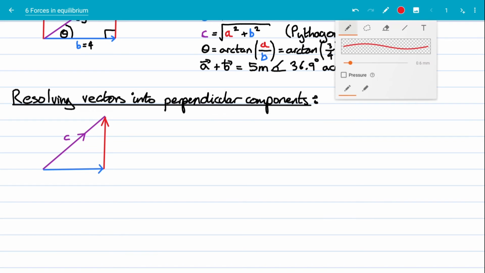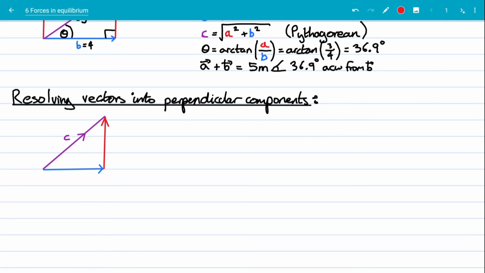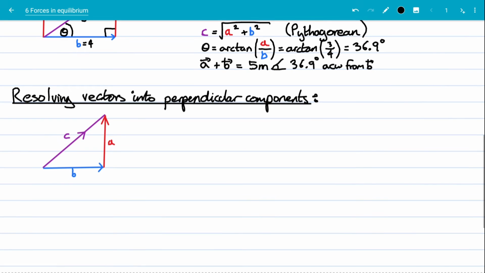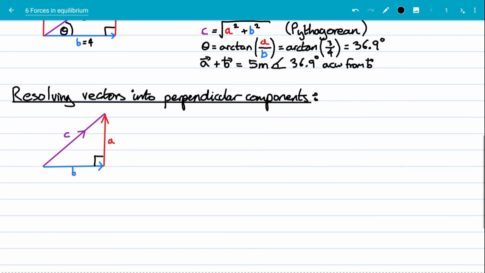We have our two vectors. Let's go ahead and call this one here A, because that's what I've been doing, and calling this one here B, because that's what I've been doing. And as long as this is 90 degrees, they are perpendicular components, then we can use very straightforward trigonometry. But we do need to know an angle. Now let's suppose that it's this angle we know.